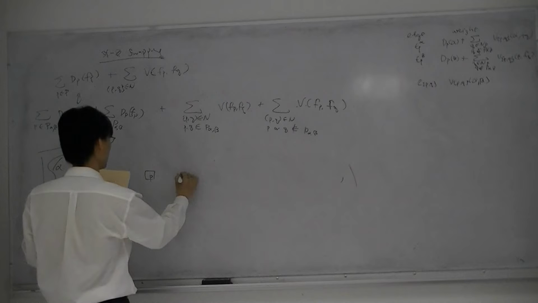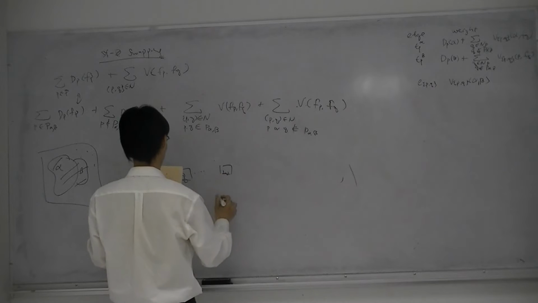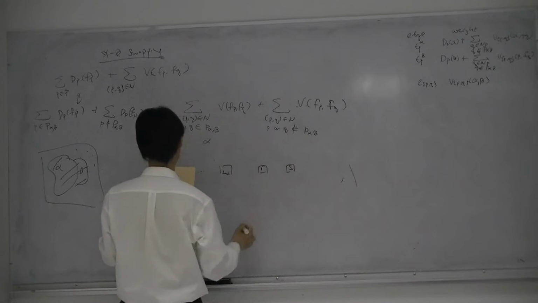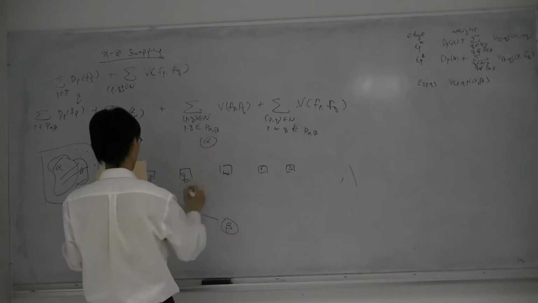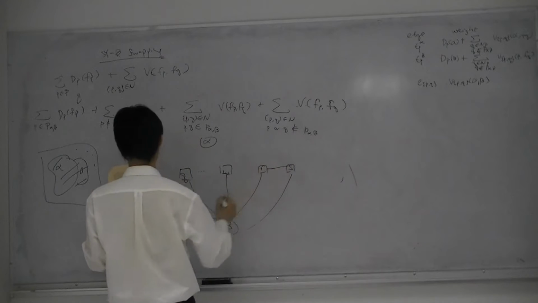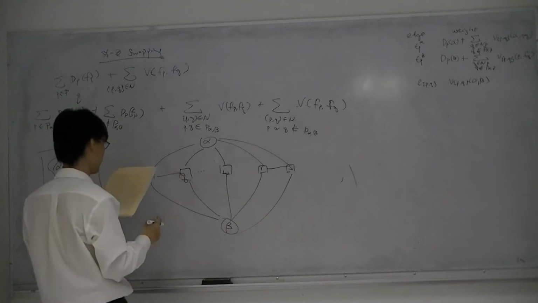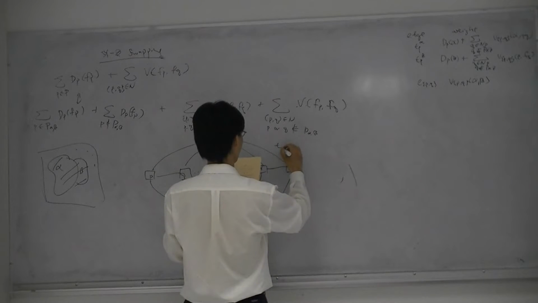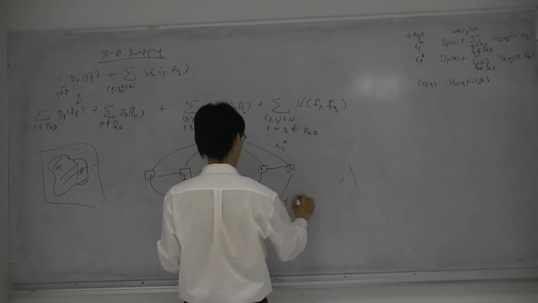Let's say P, Q, these are the pixels, that's W, and there's some node here, an R and an S here, and it's beta of the node. This is beta.